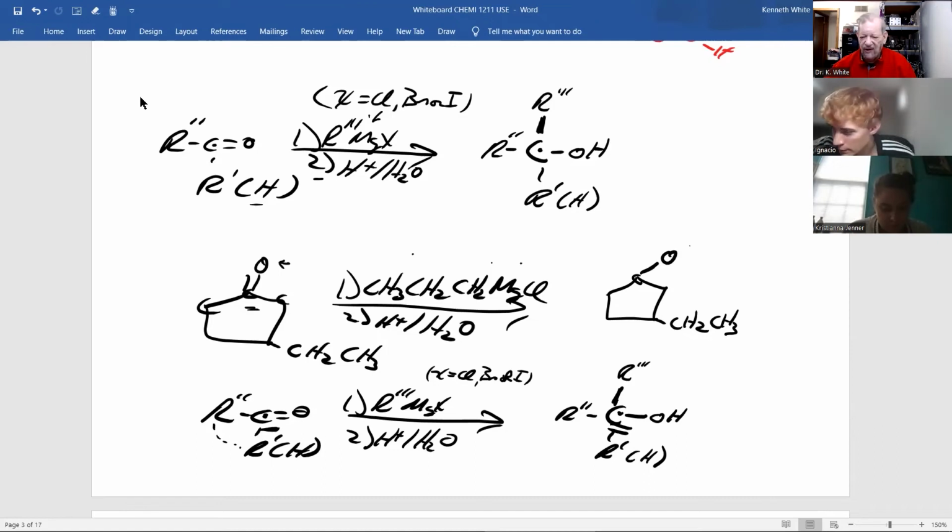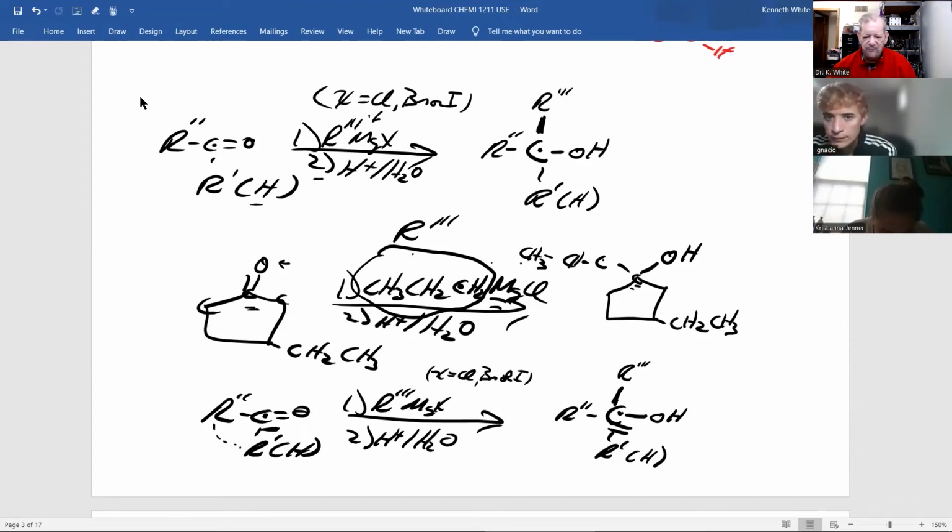So I'll have a hydroxyl group, OH, and then what's my R triple prime? The carbon with the Grignard will be the carbon bonded to this carbon with the alcohol. And that's how you do it.